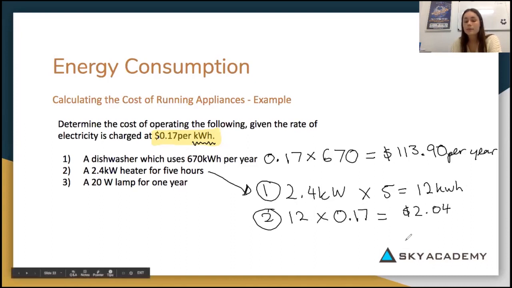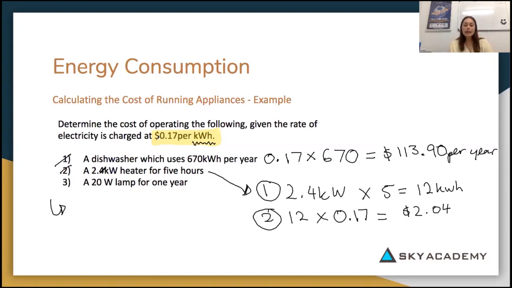And finally, for question 3, it says a 20-watt lamp for 1 year. We need to get this in terms of kilowatt hours, and we are only in terms of watts. So firstly, we're going to go from watts to kilowatts, and when we go from watts to kilowatts, we divide by 1,000.